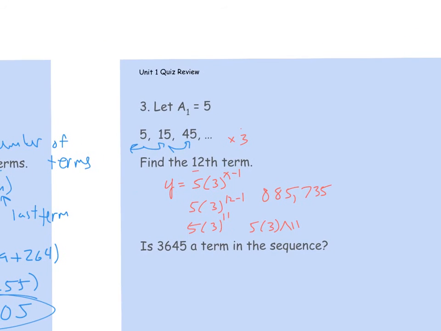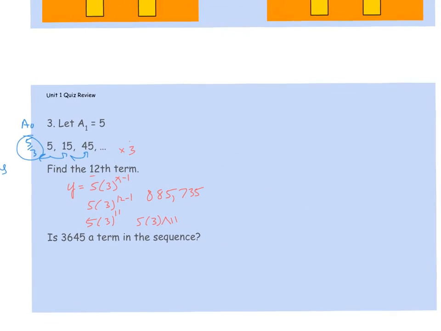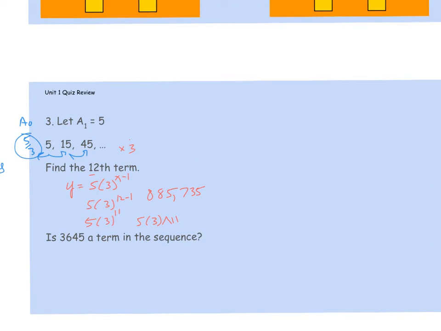Okay? If you don't like to do it that way, if you want to use the term before this, now instead of multiplying by 3, you'd have to divide by 3. So the term before 5, your first term, or your a sub 0 term now, would be 5 divided by 3. So if you do it this way, don't use the first term, so it wouldn't be x minus 1. Make sure you put 5/3 in parentheses. We're still multiplying by 3, and it would be to the x power.